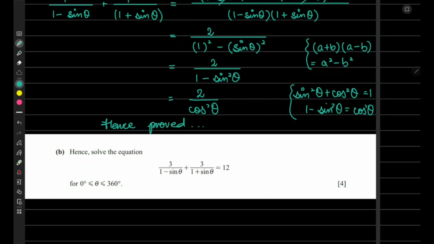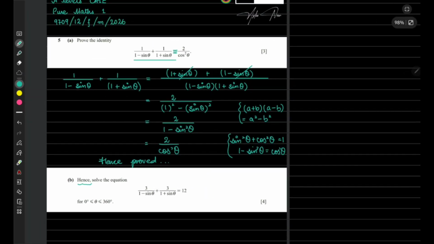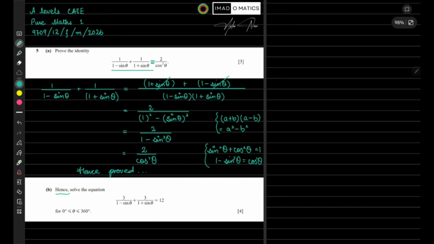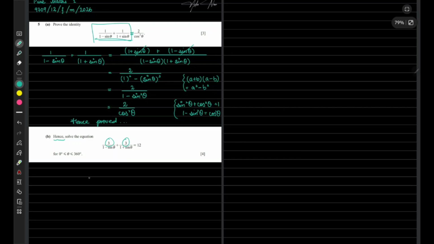Hence solve the equation. So when they say hence solve the equation, it means we need to use the solution of part A, that we have already proved that this thing is equals to 2 over cos square theta, so we can use that. But there is a difference. Here the numerator is 3 instead of 1, so first we'll rearrange this.